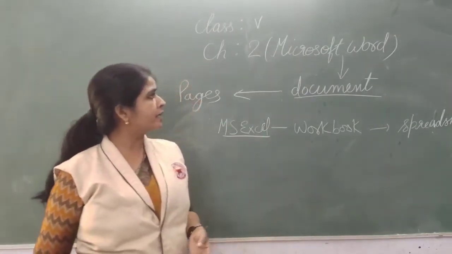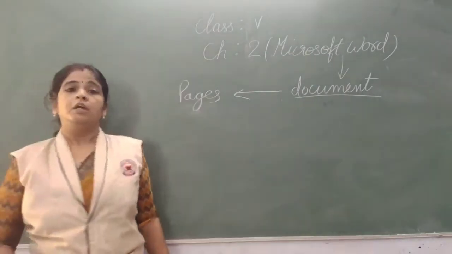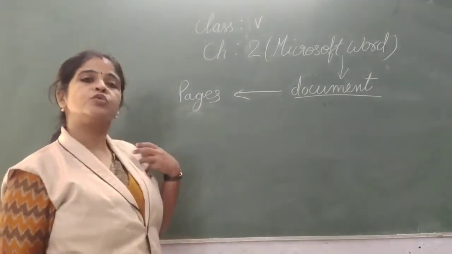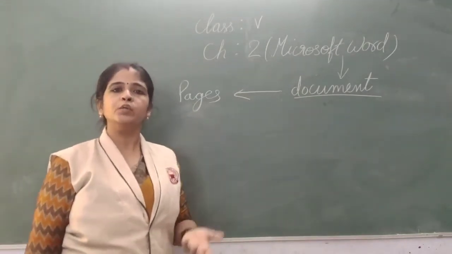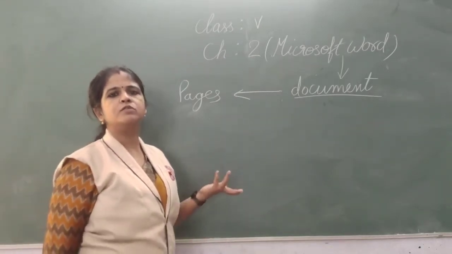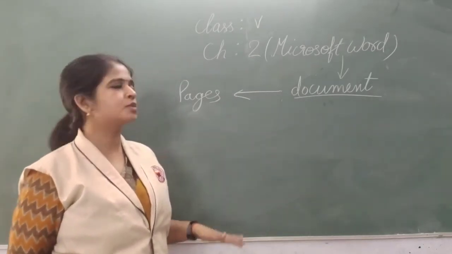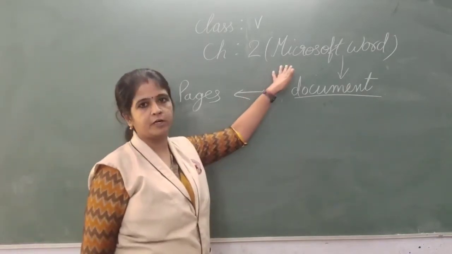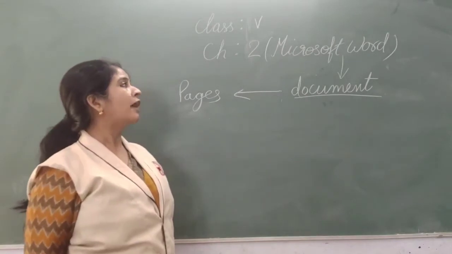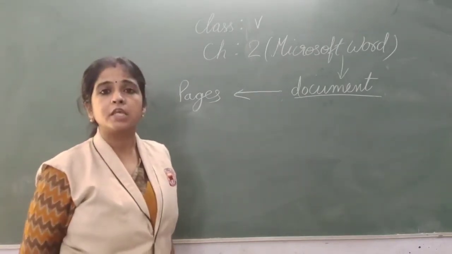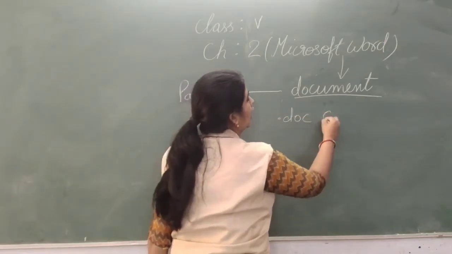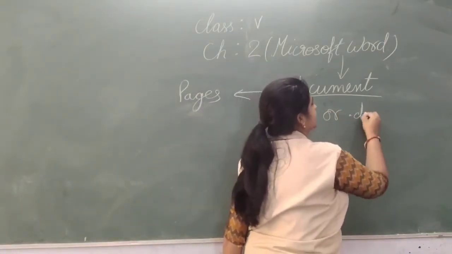So today our topic is Microsoft Word. Now I think it's clear to you that Microsoft Word is used to write a letter, to write a notice, to give information to anyone by typing or by using keyboards or different options which are available in Microsoft Word. Second important thing you have to learn, the file of Microsoft Word is saved with the extension .doc or .docx.